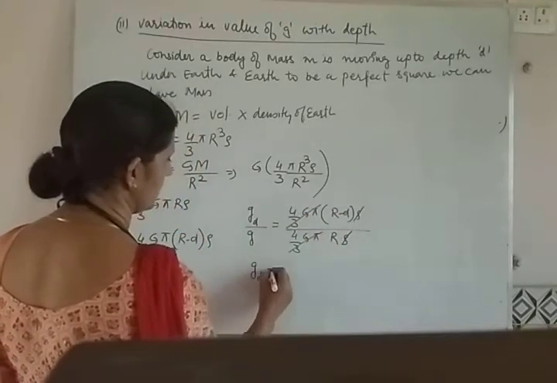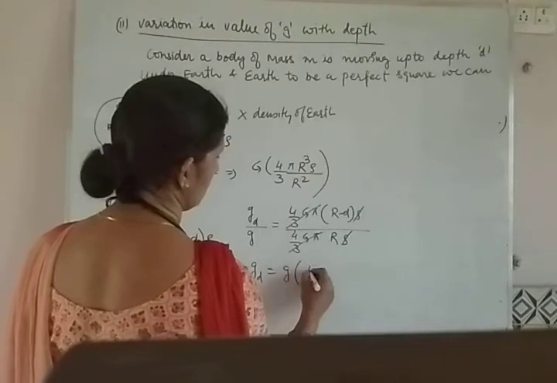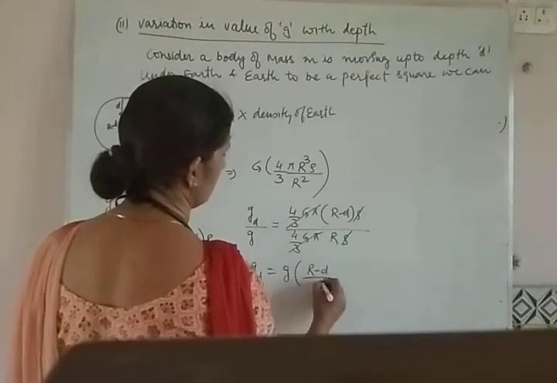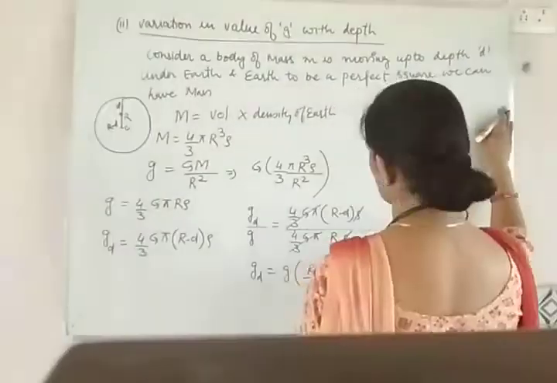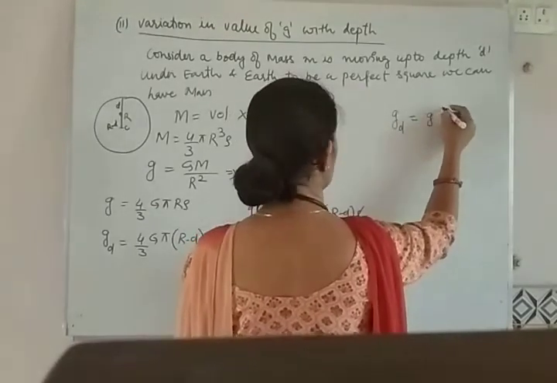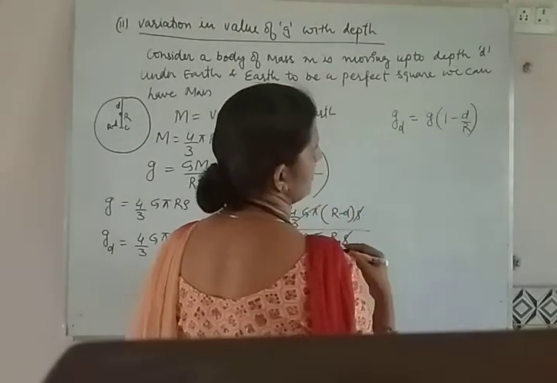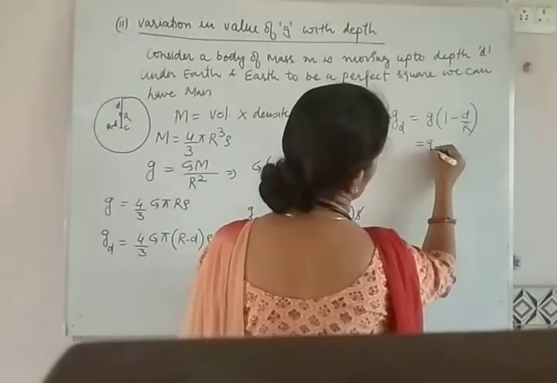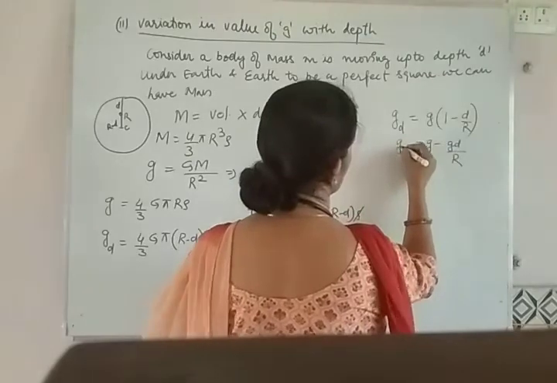You will have gd equal to g into (r minus d) divided by r. You can put it as gd is equal to g into (1 minus d by r). Similarly, you can have g minus gd by r. This is gd.